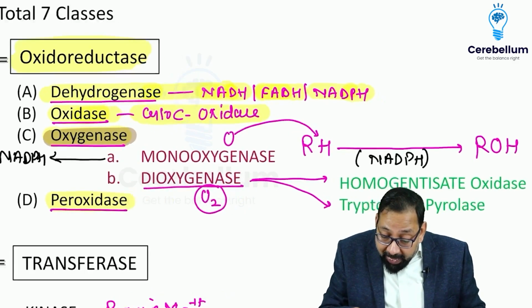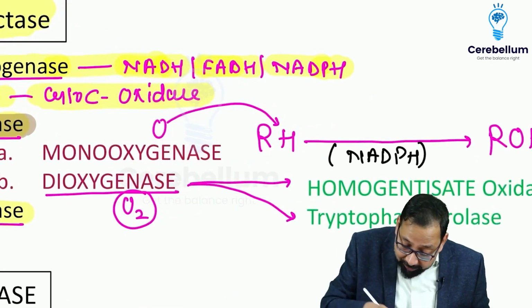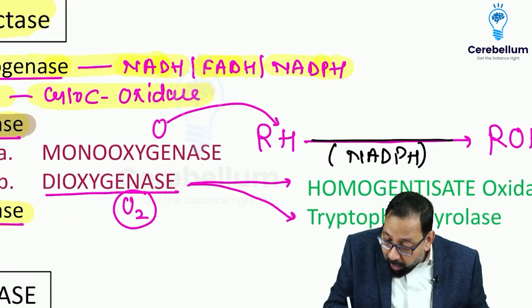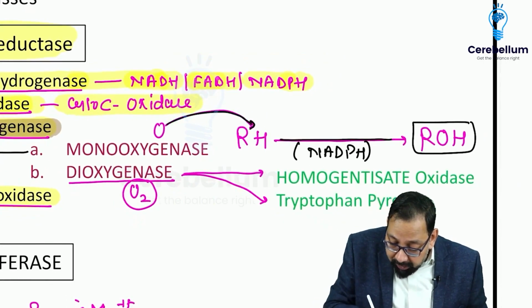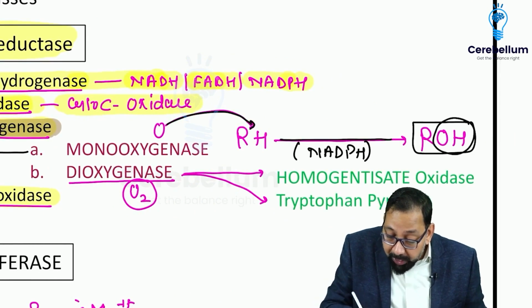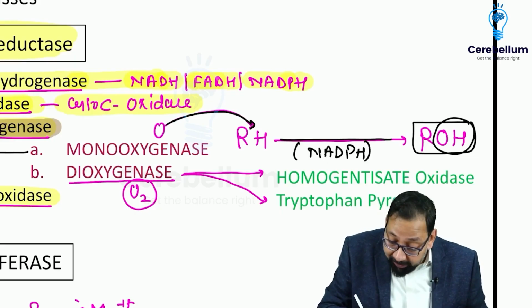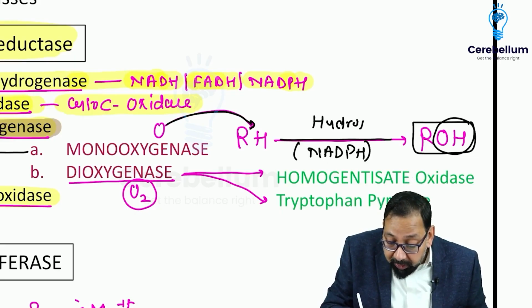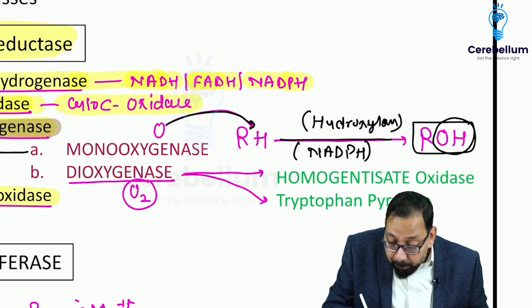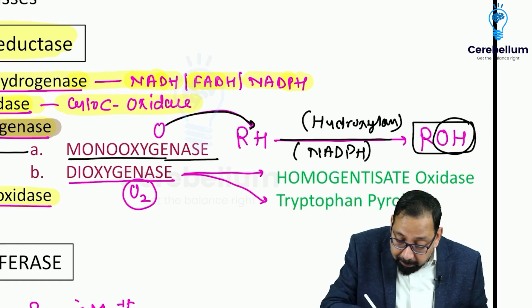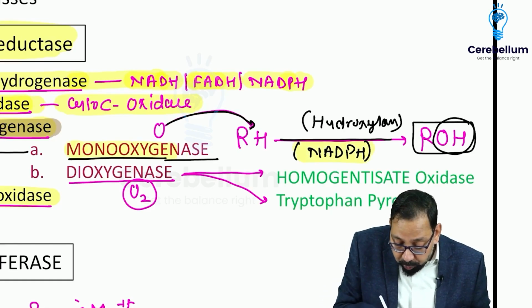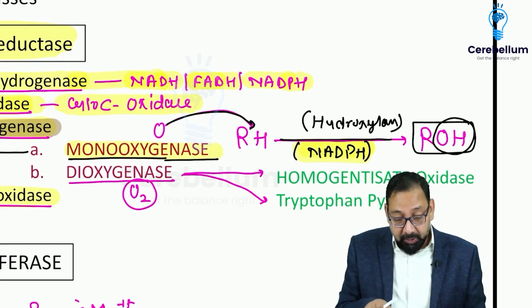If you join 1 atom of oxygen, RH is converted to ROH, and OH means hydroxyl group. That's why monooxygenase produces a hydroxyl group, so it is called hydroxylase. And monooxygenase or hydroxylase requires NADPH. A question is asked: monooxygenase requires NADPH.